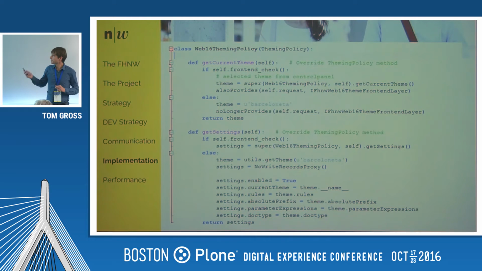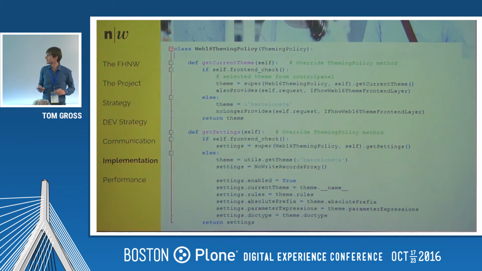Basically, what the theming policy does is take the settings from the control panel and apply them in the registry, and it uses the parameters set in the control panel for stuff to do with Diazo.